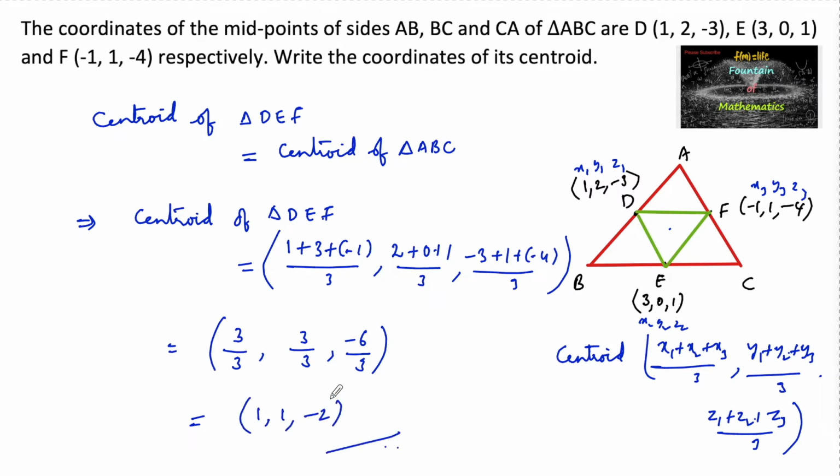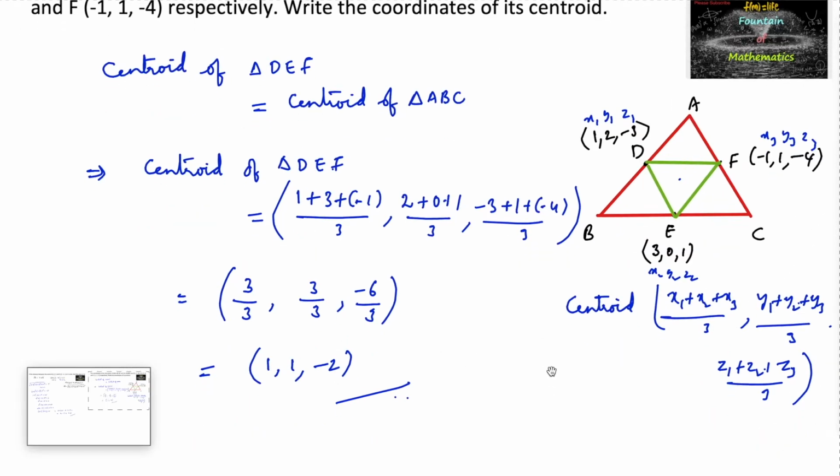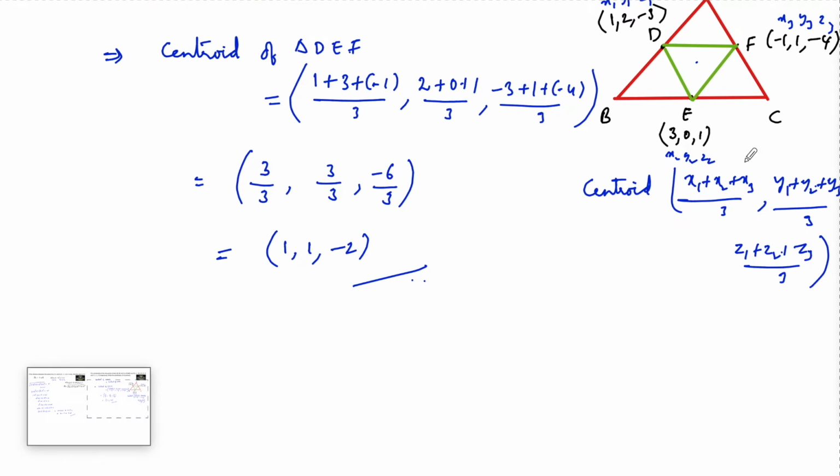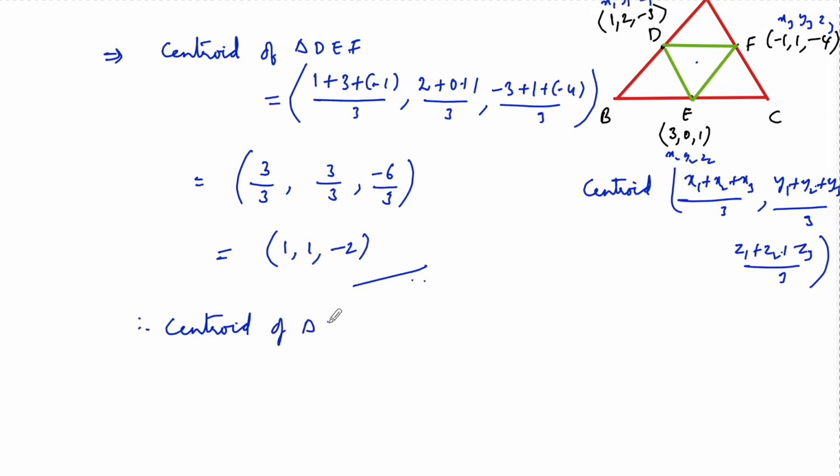So (1, 1, -2) is the centroid of triangle DEF, and also the centroid of triangle ABC, which is the same. The centroid of the triangle obtained by taking the midpoints, DEF, is (1, 1, -2).